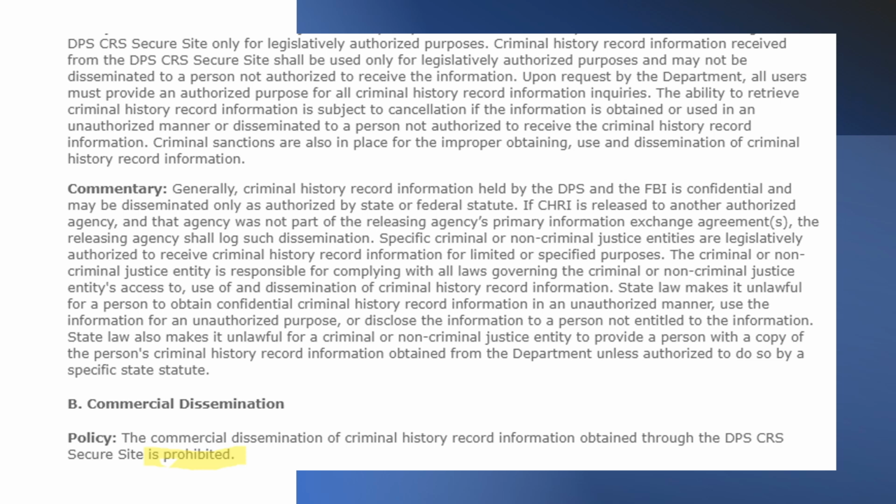It also says the commercial dissemination of criminal history record information obtained through the DPS CRS secure site is prohibited. So please make sure you are aware of the rules and regulations of the Texas Department of Public Safety for criminal background checks.